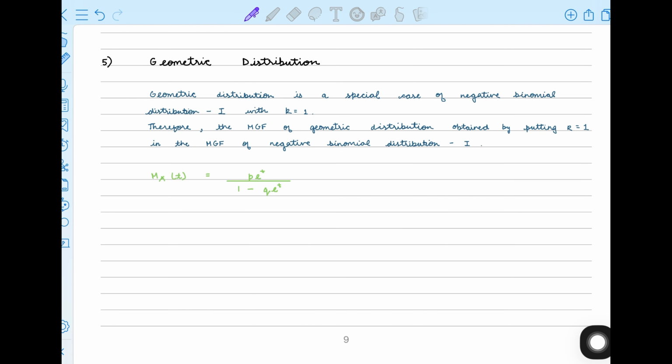Next, let's talk about the MGF for the geometric distribution. The geometric distribution is a special case of the negative binomial distribution type 1 with k is equal to 1. Therefore, its MGF is obtained by putting k is equal to 1 in the MGF of the negative binomial distribution type 1.